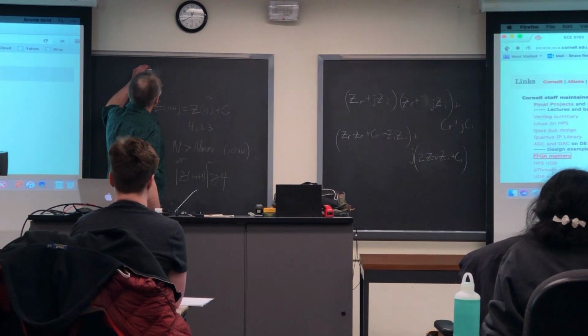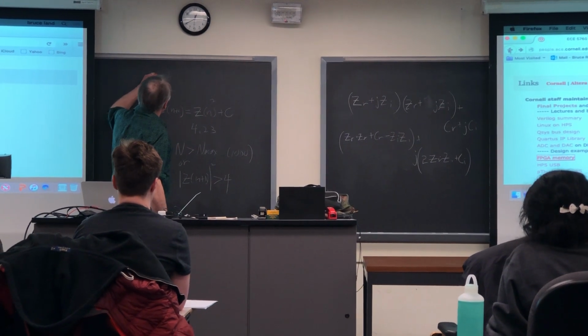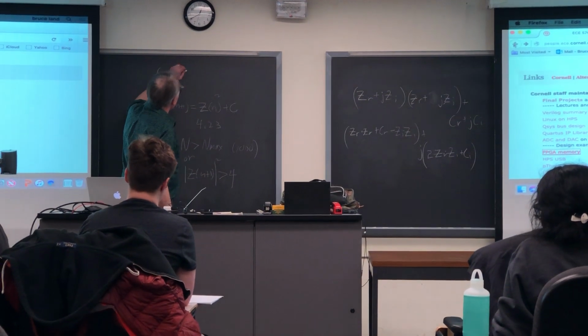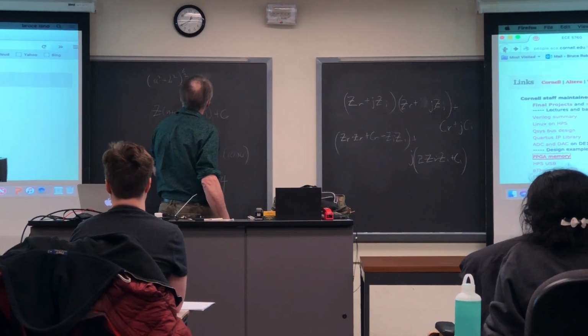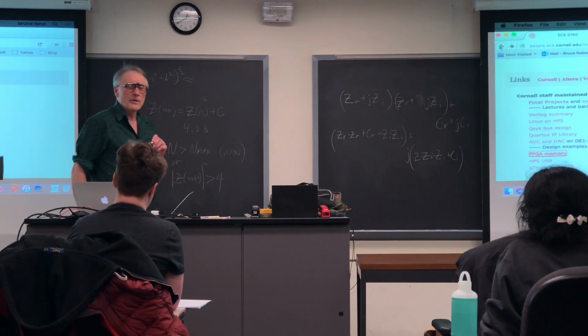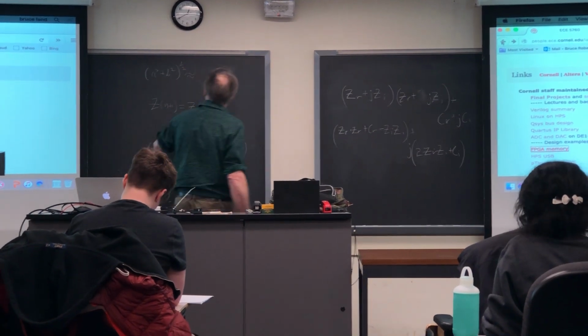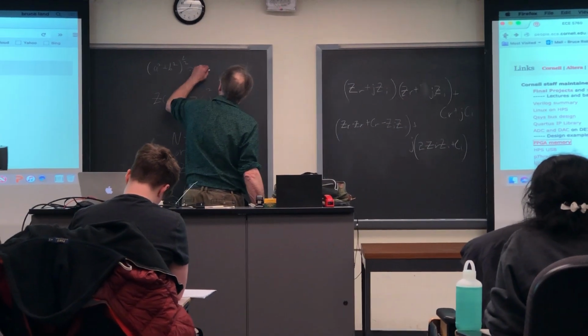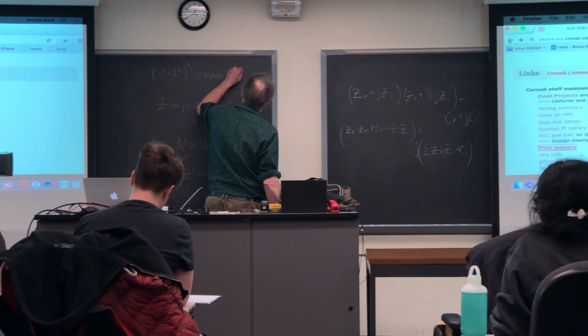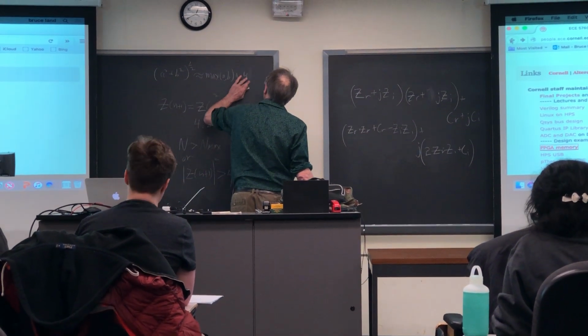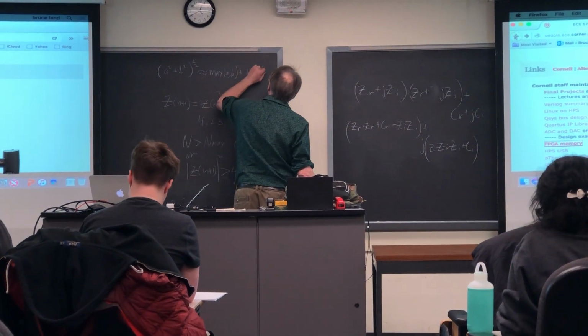If you have a squared plus b squared to the 1/2, then within 4%, that's equal to the max of a comma b plus 0.4 times the min of a and b.